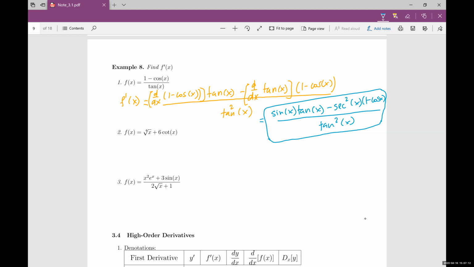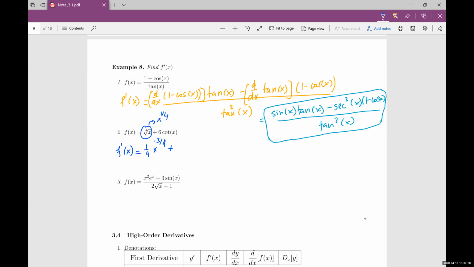All right, next example. You have these functions here, right? It's a simple function. It doesn't have any products or quotients, so you just need to use the power rule here. The fourth root of x can be rewritten as x to the 1/4. Then you can use the power rule to find the derivative of this function.